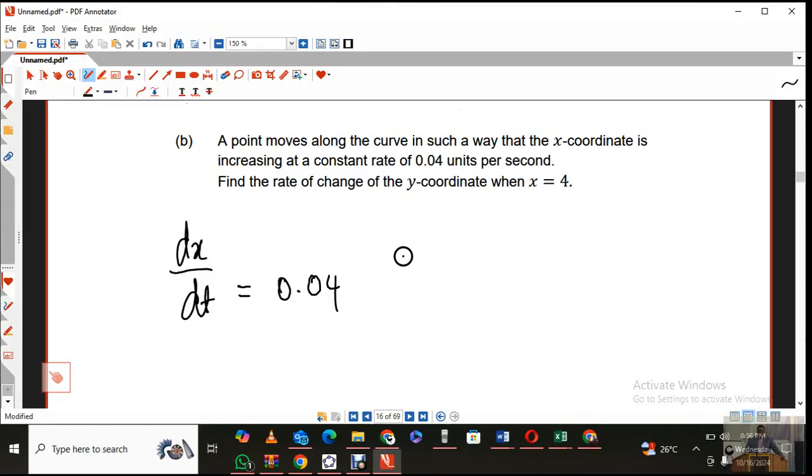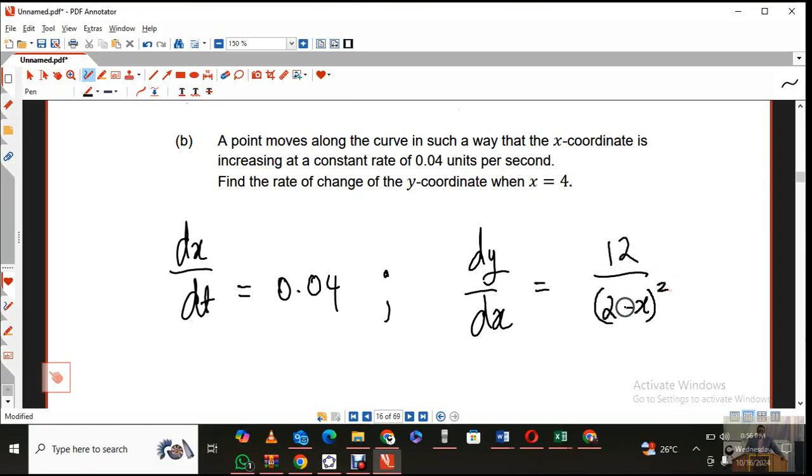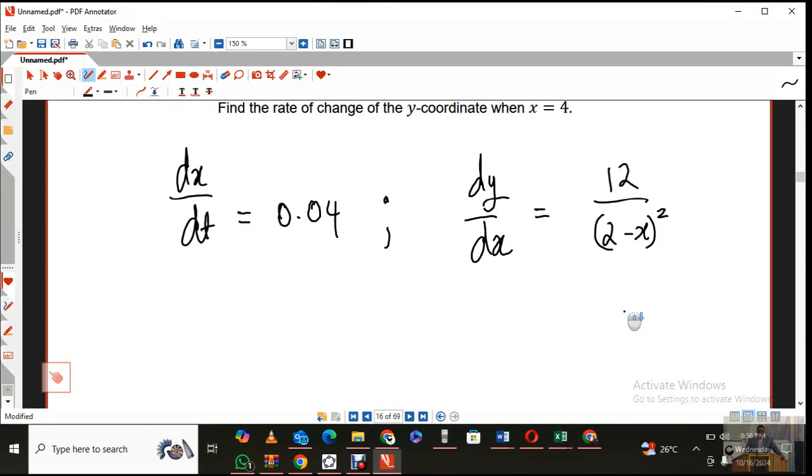What else do we know? We know from our work that what we need to calculate, when we take dy dx, which was 12 over 2 minus x all squared, when x equals 4, then this is going to be 12 over 2 minus 4 all squared.